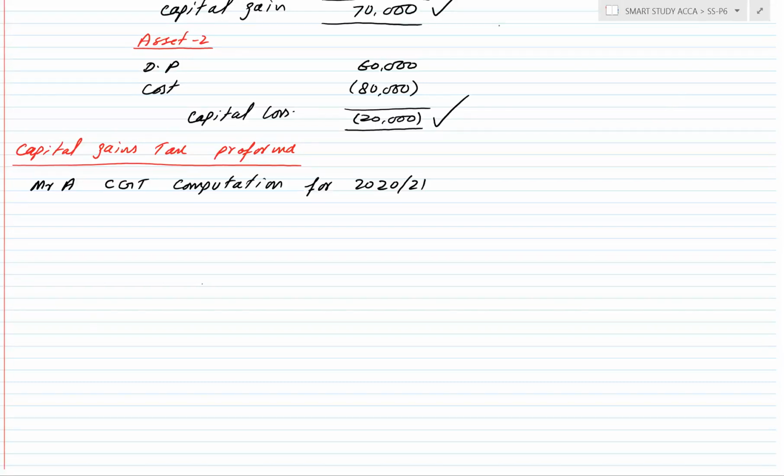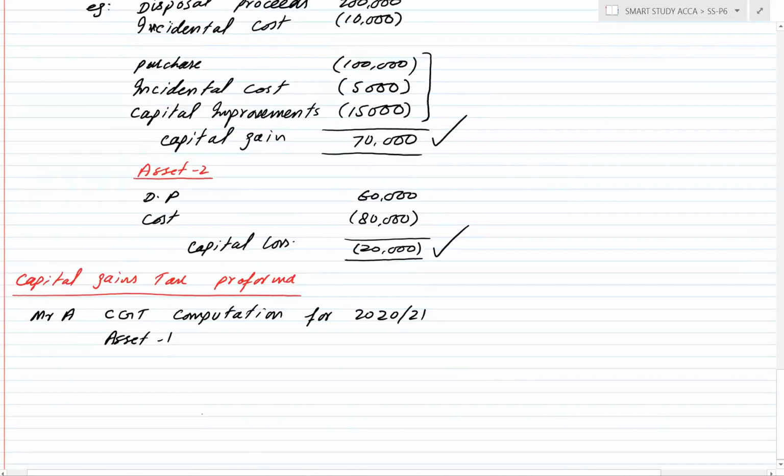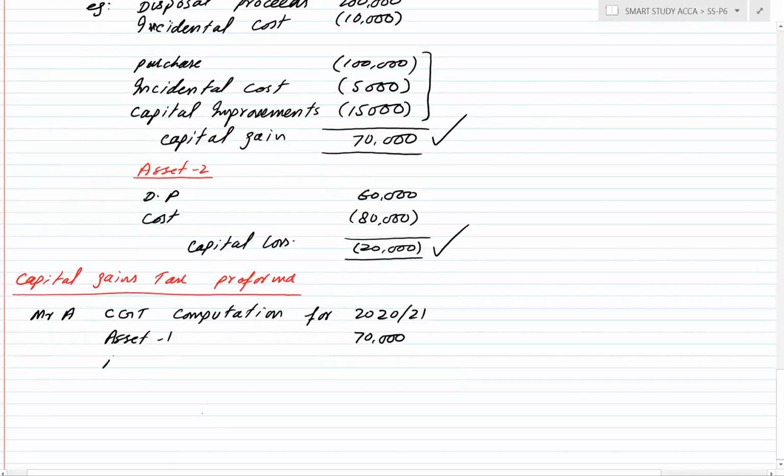During the year, we have sold two assets. Asset number one, we have a capital gain of 70,000 pounds, and we have sold another asset, asset two, and there is a capital loss of 20,000 pounds.